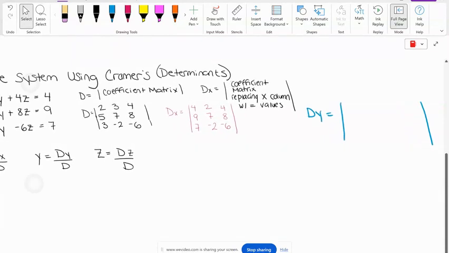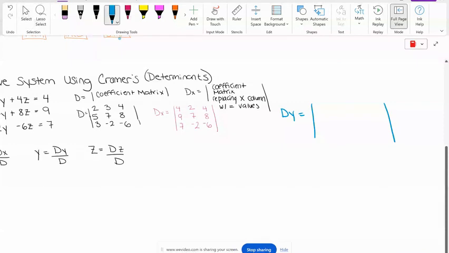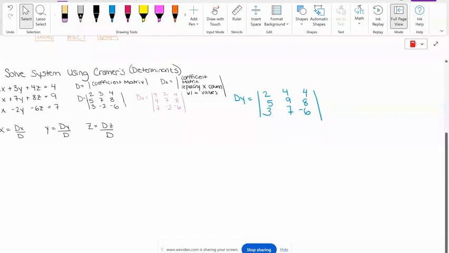The y column with the equal values. So the first column, 2, 5, 3, stays the same. The second column will be replaced with 4, 9, 7, and the third column stays the same. So we have D, we have D sub x, we have D sub y. Now what am I going to find?